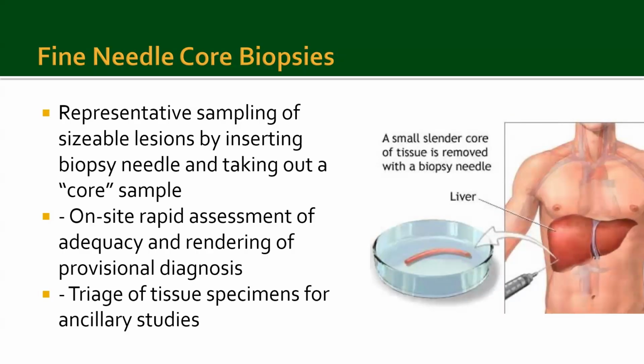We do on-site rapid assessment by essentially rubbing the core onto slides and Diff-Quik staining one of them, and we give a provisional diagnosis. So we'll say, hey, it's adequate, you're in the correct area, or hey, we need more tissue. We also will triage the tissue specimens and say, hey, there's maybe not enough cells here for IHC staining and send out testing. Can you please get more?